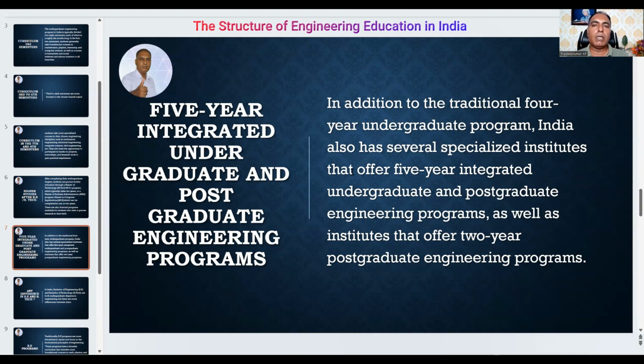So there are 2 types of postgraduate programs available: an integrated one, covering undergraduate and postgraduate in 5 years, or, if you go independently for a postgraduate program, 2 years will be taken for that. So if you go for an integrated program, 1 year less will be required.